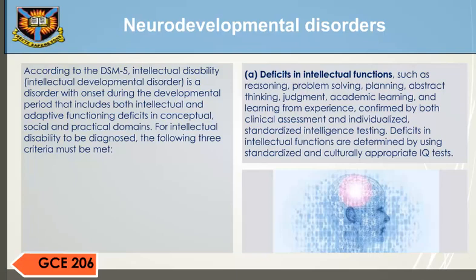A. Deficits in intellectual functions, such as reasoning, problem solving, planning, abstract thinking, judgment, academic learning, and learning from experience, confirmed by both clinical assessment and individualized standardized intelligence testing. Deficits in intellectual functions are determined by using standardized and culturally appropriate IQ tests.